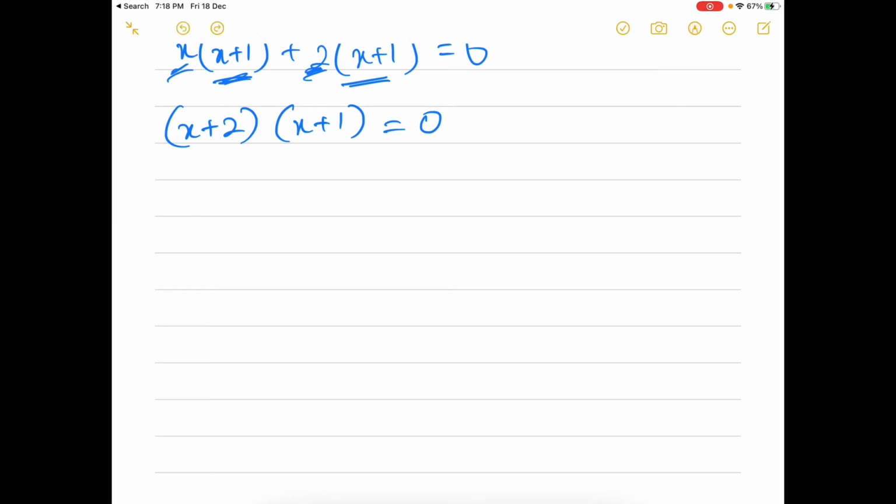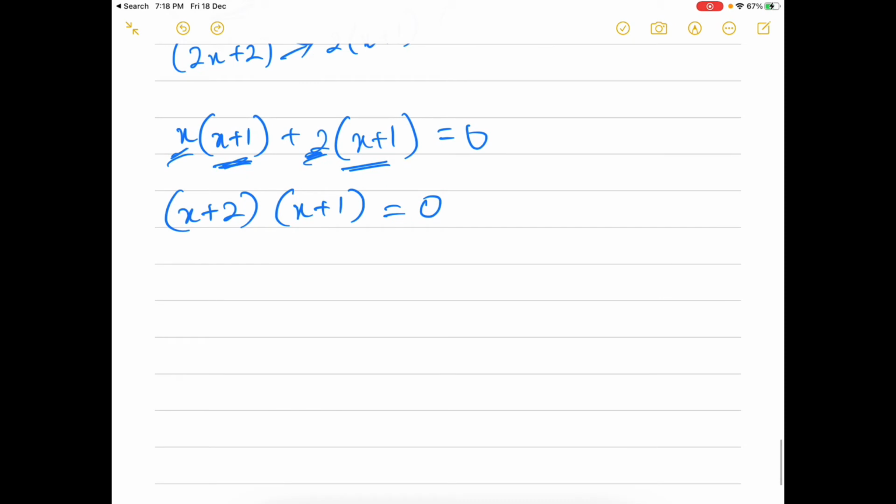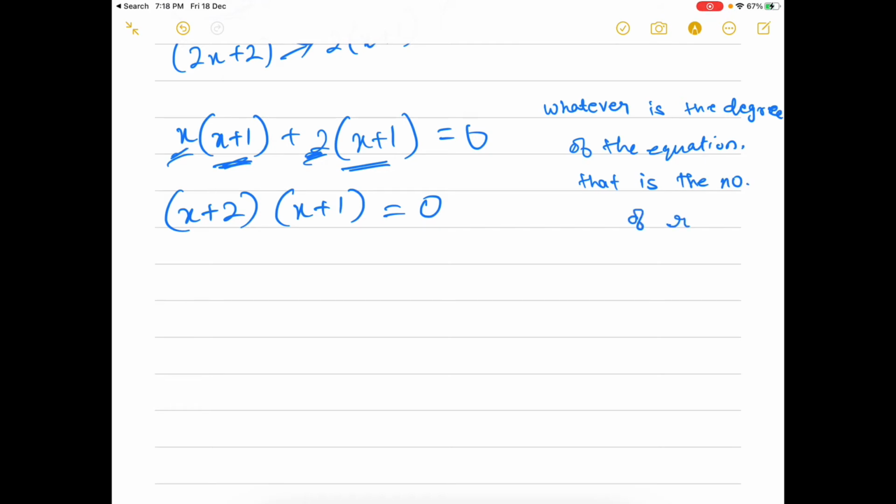So the basic thing which I want to tell you is that whatever is the degree of the equation, that is the number of roots we get.